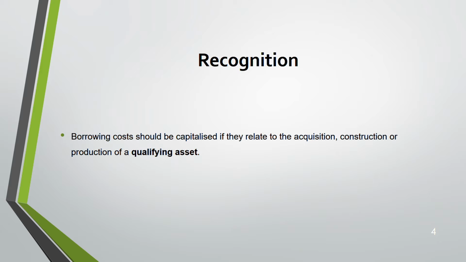You can capitalize the borrowing cost, but there is a condition. What is that condition? The condition is if it relates to acquisition, construction, or production of a qualifying asset. You can see it's in bold. There's a reason why I've highlighted it in bold.